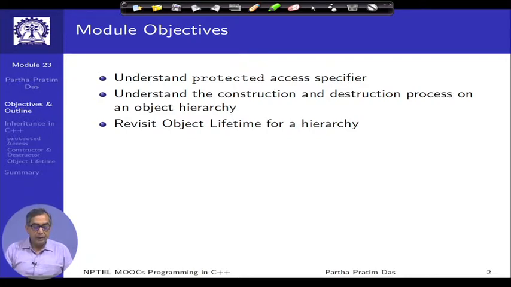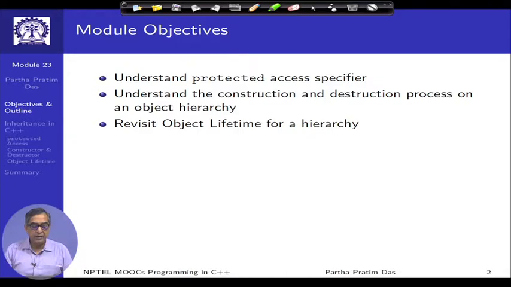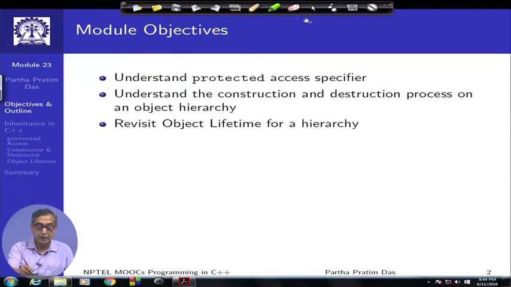In the current module, we will talk about the protected access specifier, the semantics of the access specifier, and what happens to the construction and destruction process, and relate that to the issue of object lifetime in the context of specialization scenarios.